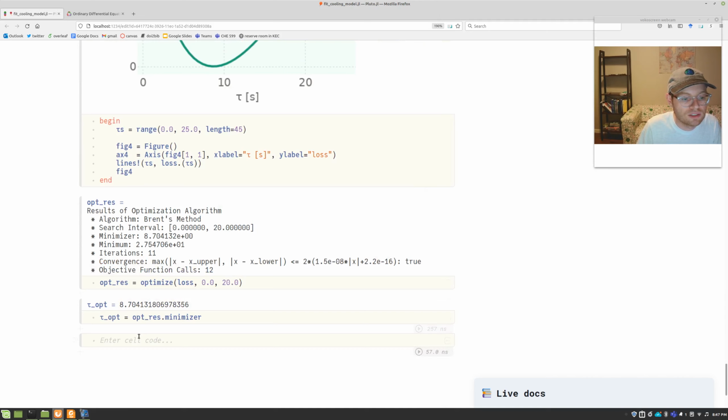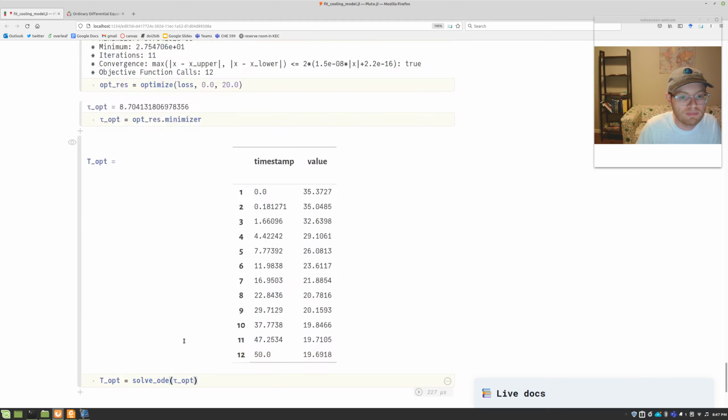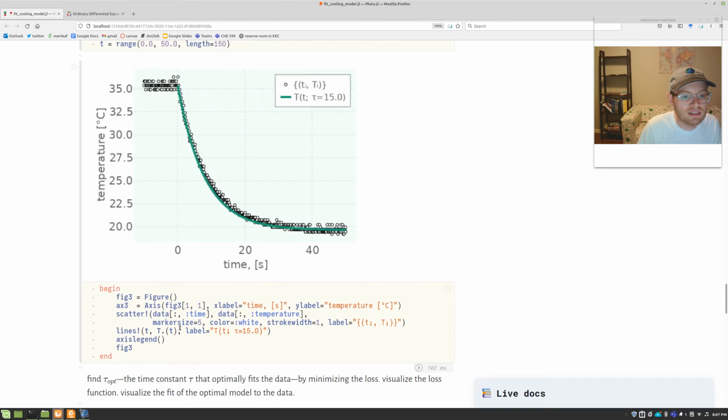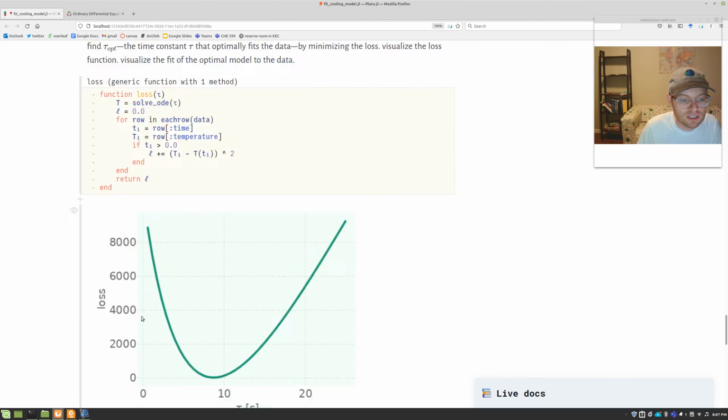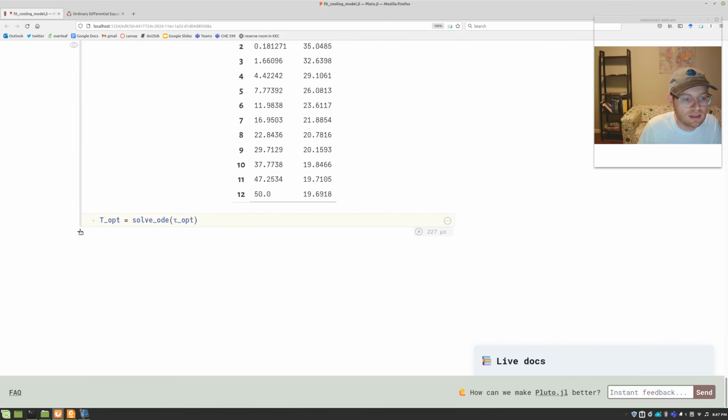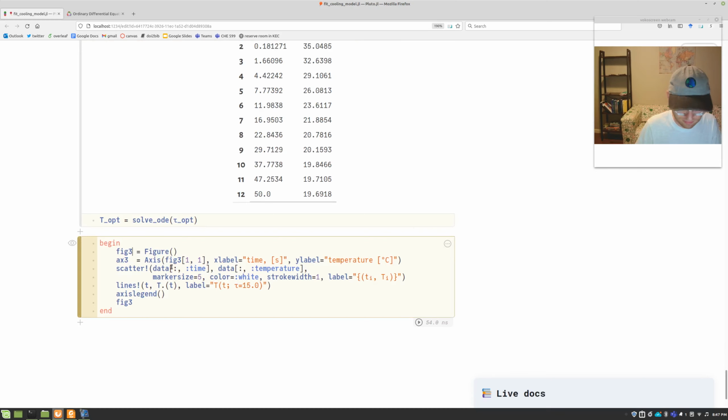So I'll say tau opt. This is the optimum function for t. I'm going to solve the ODE with my optimum value of tau, and then what I want to do is plot the solution with the optimal model. So I'll just copy and paste this. Now I'm going to plot tau opt, or t opt.